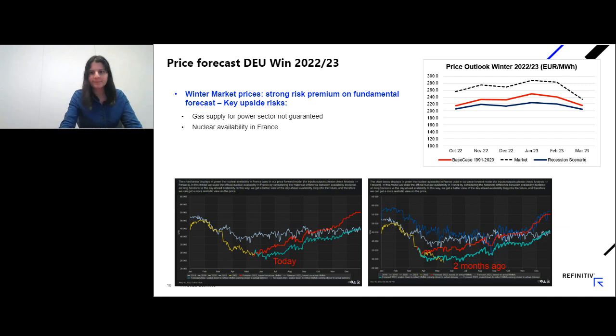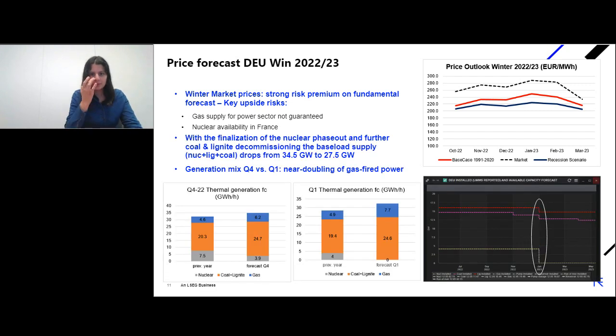So when it comes to the gas burn forecast that we have, we've done a lot of analysis on this since March, really driving the focus to what we expect to be the demand from the power sector for this winter.